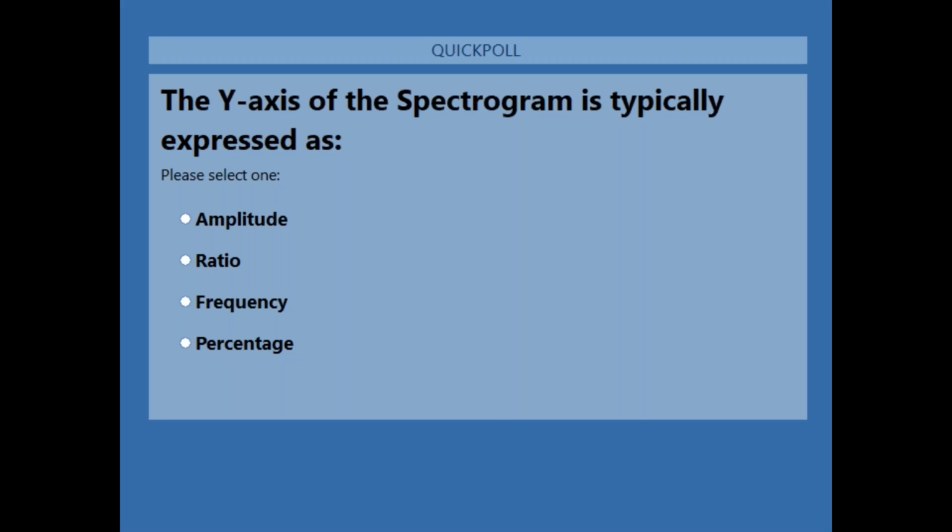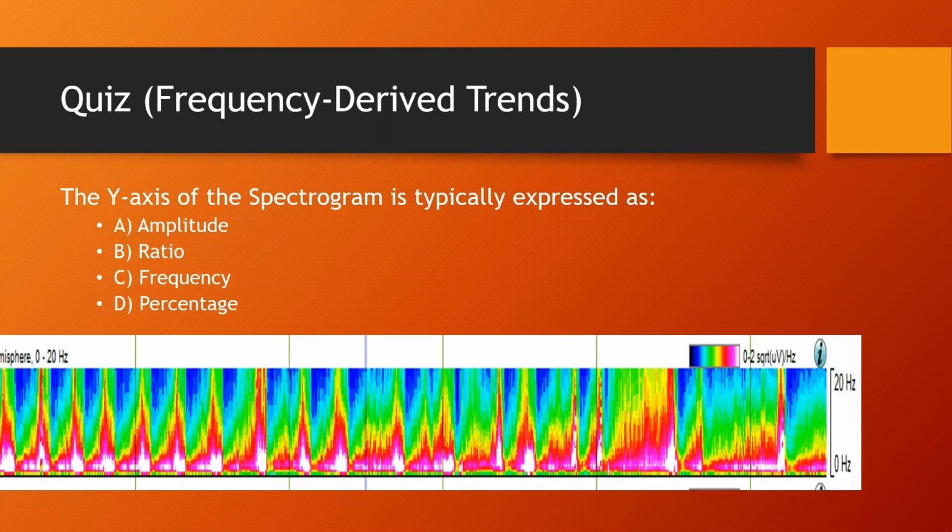And you'll remember the spectrogram is the only one of the trends that has an x-axis, a y-axis, and a z-axis. And our x-axis is always going to be time with the spectrogram. So Laura, if you can close the poll, with the spectrogram our y-axis is going to be frequency.